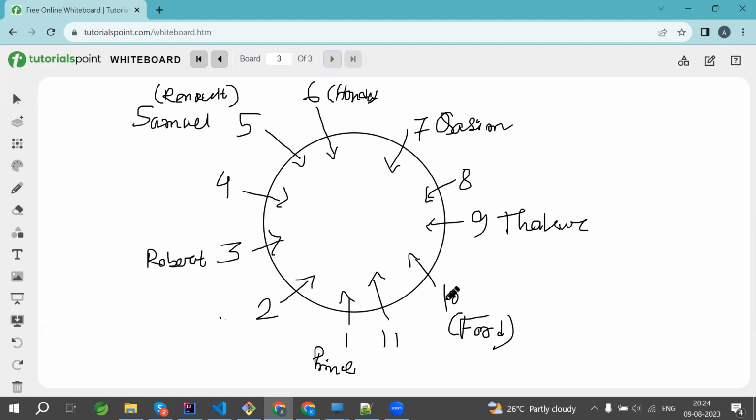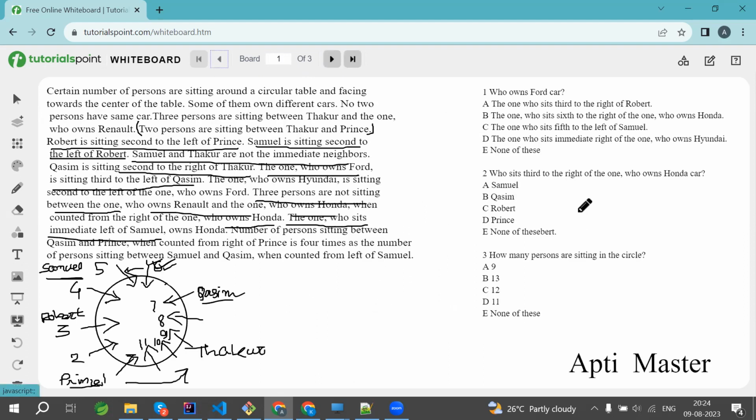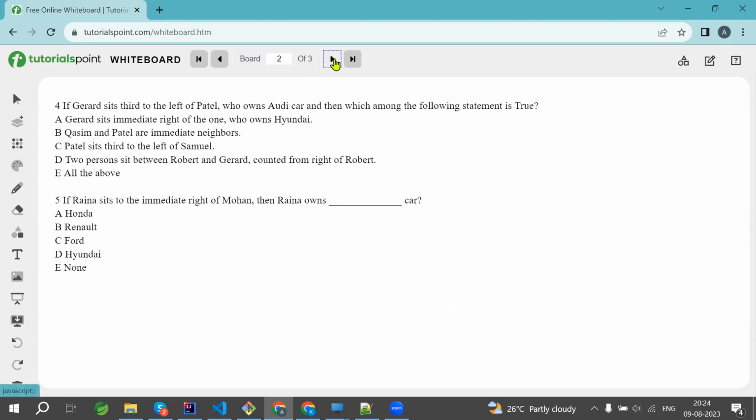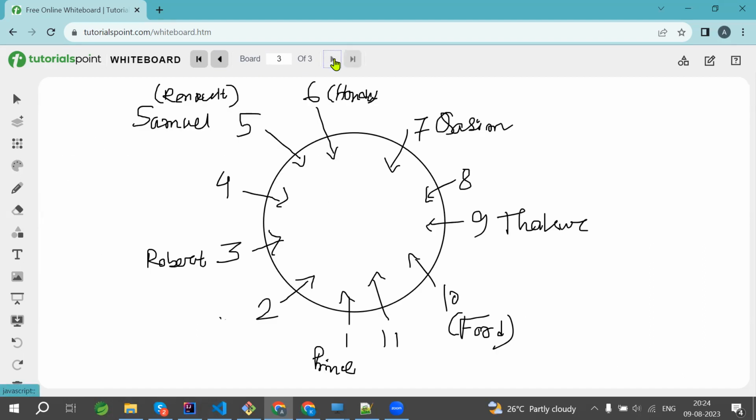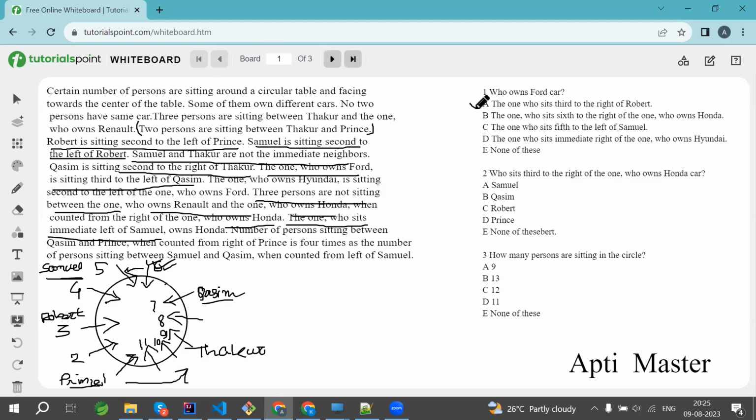So the 10th person, okay, read the statement first. The one who sits third to the right of Robert. Check. Third to the right of Robert. 1, 2, 3. No, 11th position. This is not right. So this is wrong.